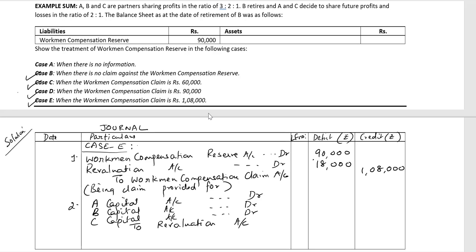The amount of the loss on revaluation is 18,000 rupees. And this 18,000 rupees is to be transferred in old profit sharing ratio 3:2:1.